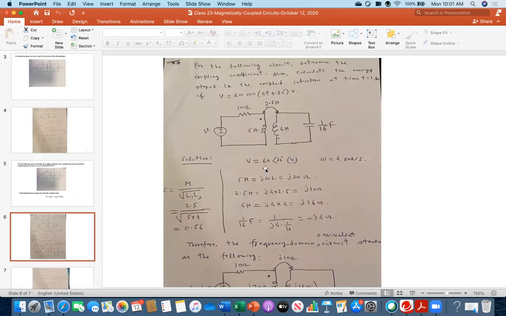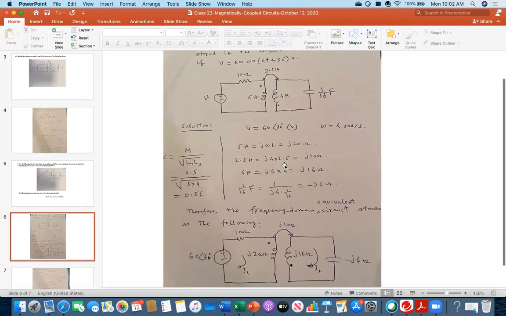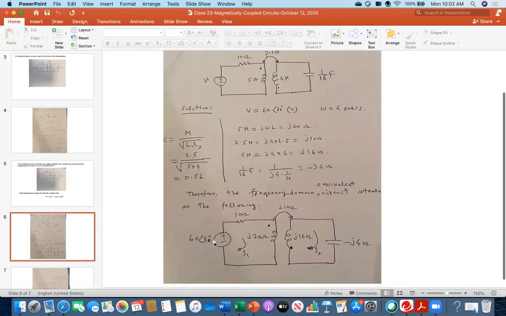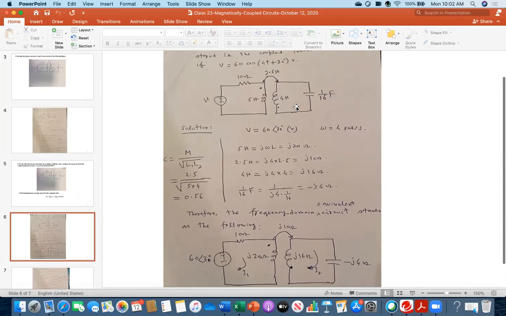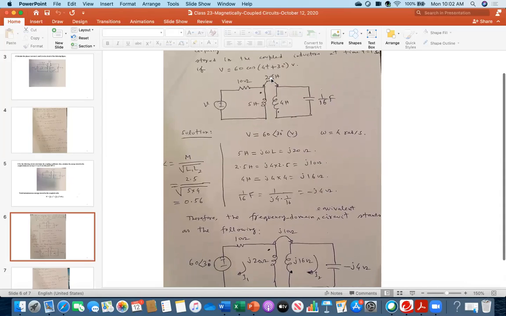So first I am writing this V. This was the expression: V equals 60 cosine of (4t plus 30) in the time domain, and in the phasor domain it is 60 angle 30. So this is the phasor domain circuit. I got 60 angle 30. Now I have to convert the components.